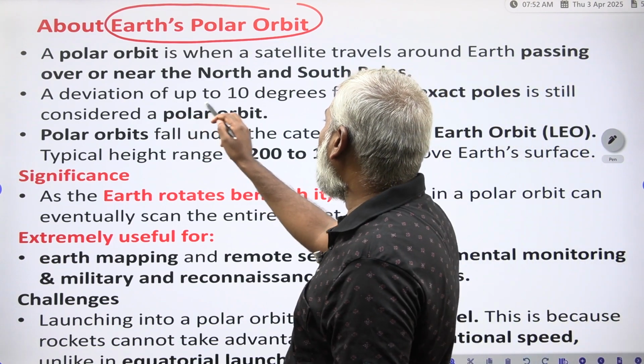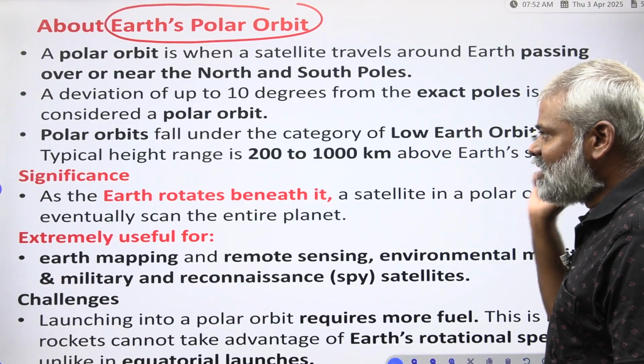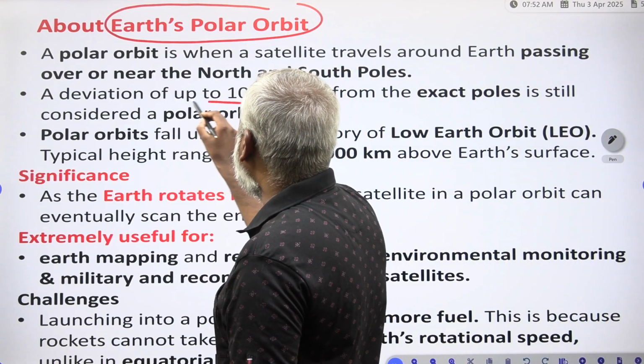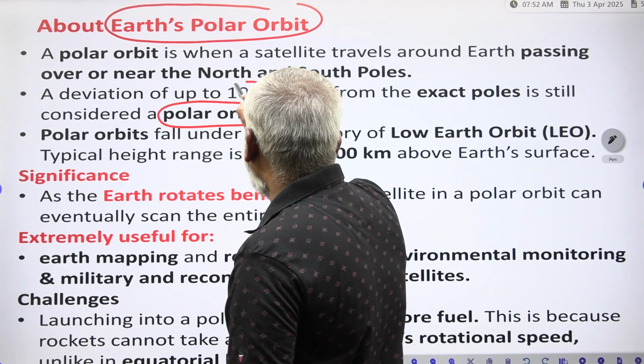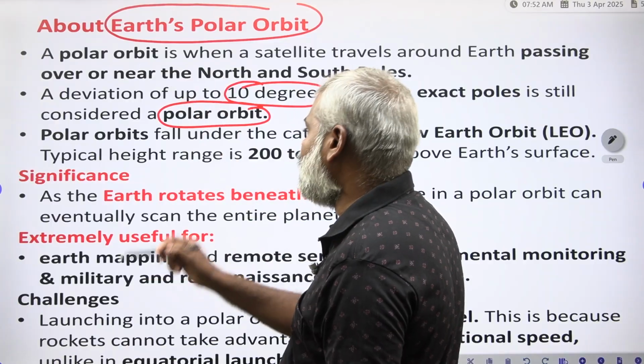A deviation of up to 10 degrees from the exact poles is still considered a polar orbit.